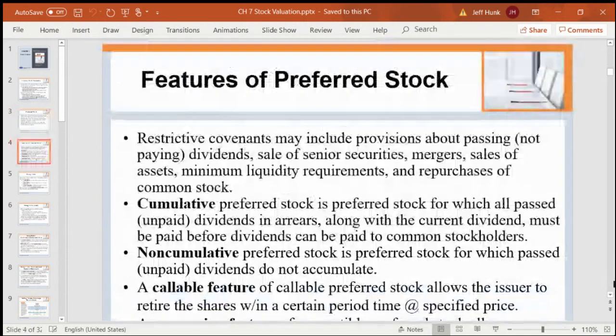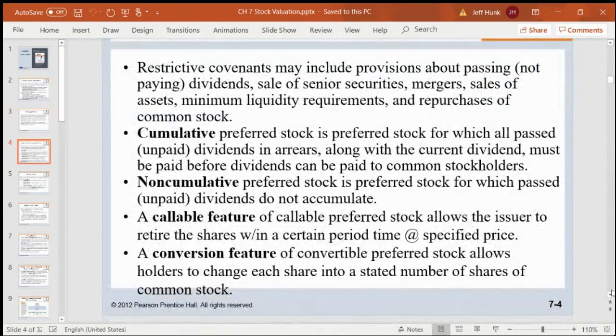So as I said, if they don't have any money to pay out dividends, then they will have to skip the dividend. For preferred stocks, there are two types, depending on what they do with these skipped or passed up dividends.